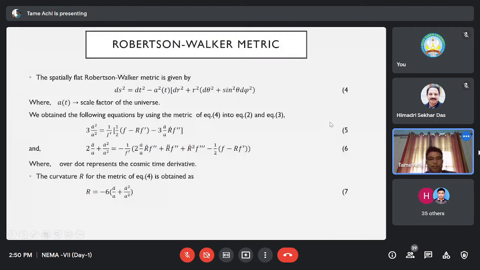Okay. Again, from equation number 4, we define the scalar curvature in terms of the scale factor, given by equation number 7.